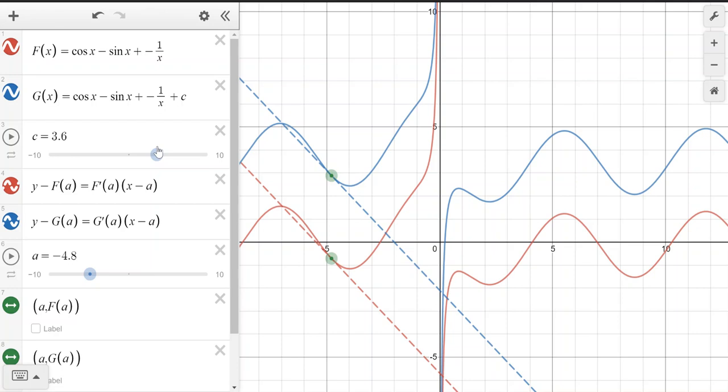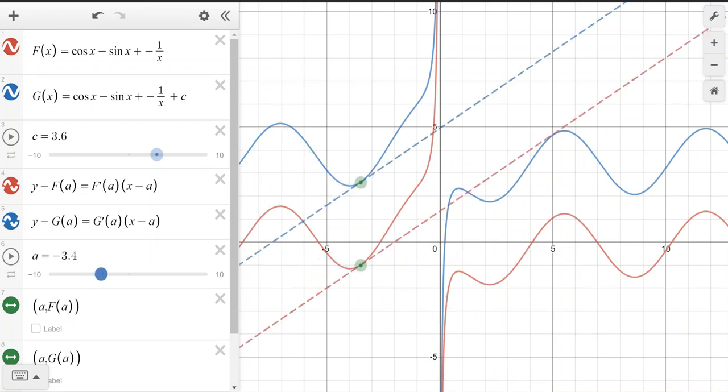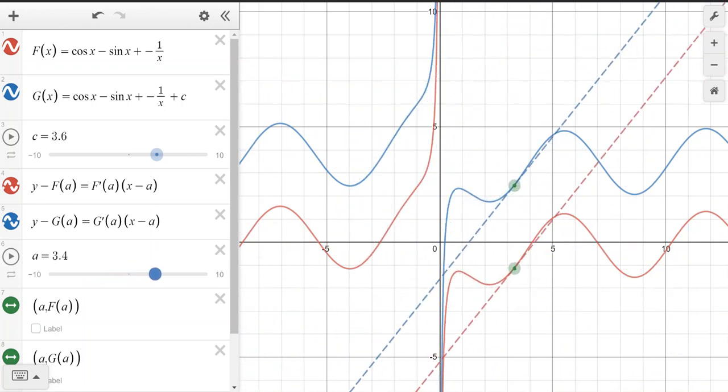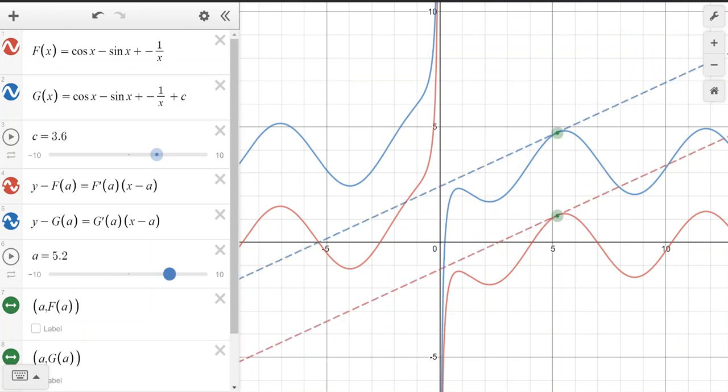That's what the green dot is showing you right there. Here I'm at x being minus 4.8. The slope of the tangent line to both of those curves is the exact same slope. And that's true for all x values in the domain. All these lines are parallel. The derivatives at those points on both functions are the exact same number.